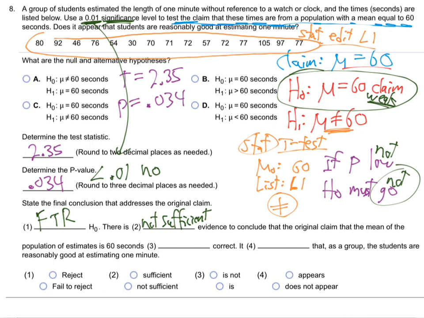Right here, they're just saying, what is the original claim? That the mean of the population is 60 seconds. Is correct. Is not correct. Right? There was not enough evidence to say the claim was wrong.